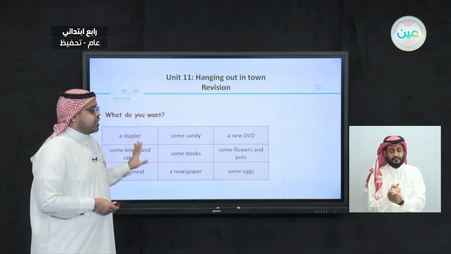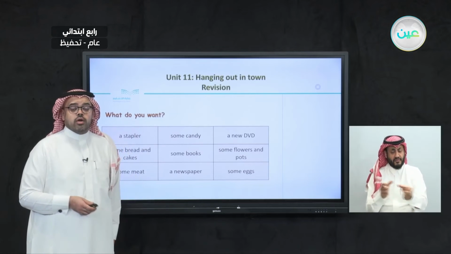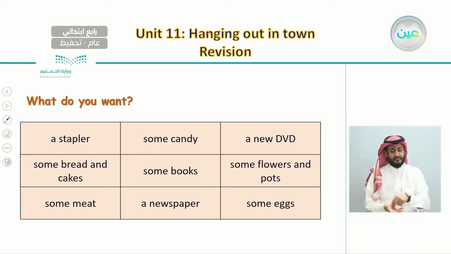So here we have a list of different things we can buy from these stores. For example, we have the stapler, which we can get from the stationery store, some candy from the candy store, a new DVD from the DVD store, some bread and cakes from the bakery, some books from the bookstore, and some flowers and pots from the flower store, some meat from the butcher shop, and used paper from the bookstore, and also some eggs from the supermarket.